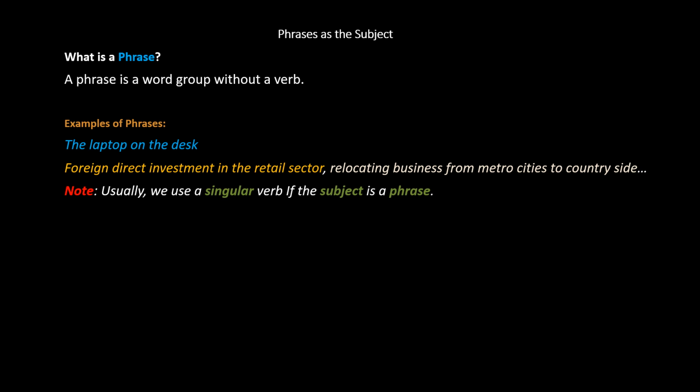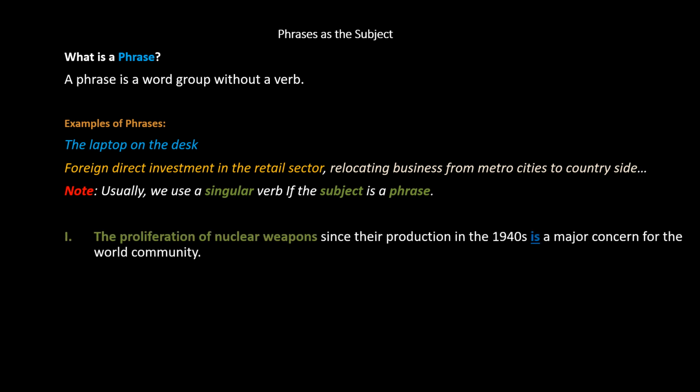Please note, usually we use a singular verb if the subject is a phrase. Now, observe this example. The proliferation of nuclear weapons since their production in the 1940s is a major concern for the world community.